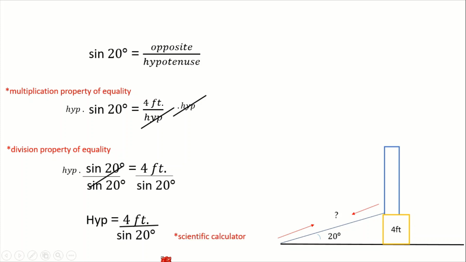Then, you can use your scientific calculator to divide 4 divided by sine 20, and that will give us sine 20 is 0.3420. So you can now divide 4 feet divided by 0.3420, so that will give us 11.7 feet.